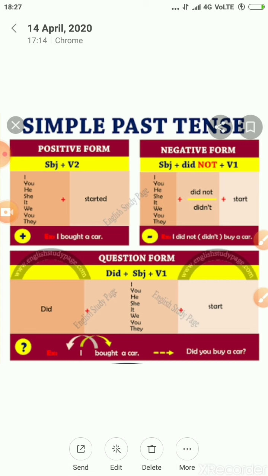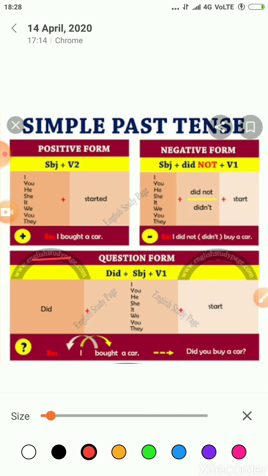That means subject plus V2, the past form of the verb, is called simple past tense. I'll give you some examples here. I bought a car. You can see here it is very clear.